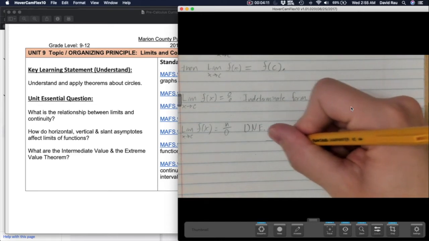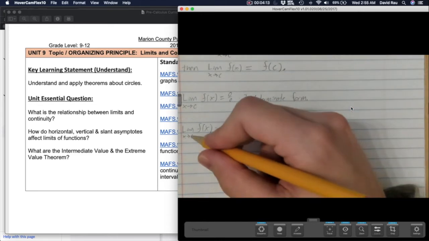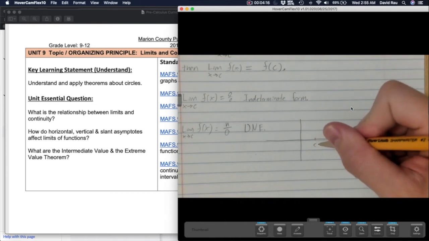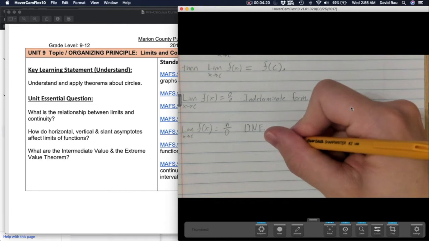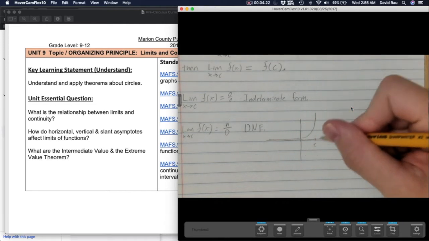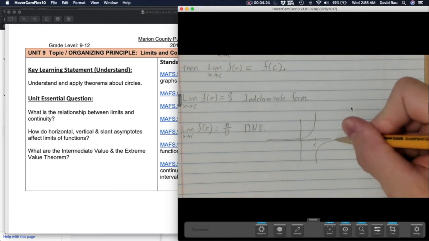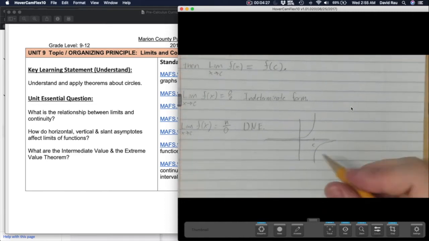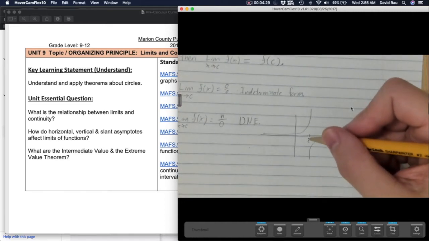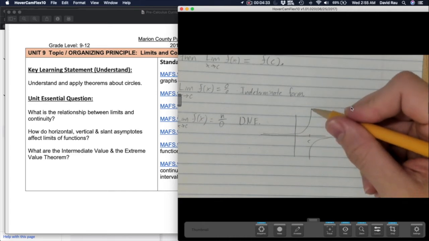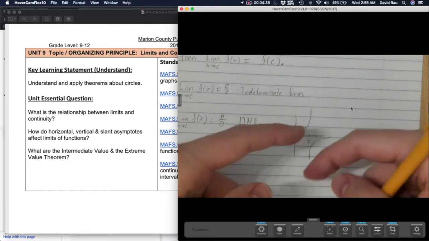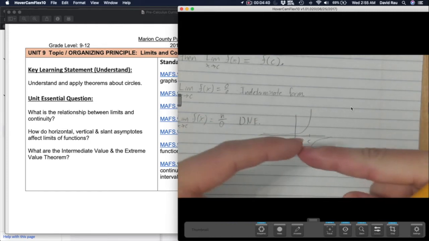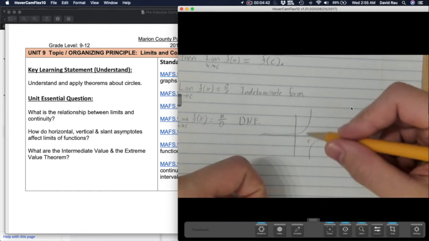If you ever have a value over 0, so let's say the value of c was right here. If we get this scenario, our graph is going to have, now it can change from problem to problem, but some shape like this. And the idea is, if you think back to last week's assignments, if you're trying to approach c, well, from the left you're going up unbounded, you're going from the right down unbounded, and those are definitely not agreeing, they're not connecting anywhere, and so that's what makes it non-existent.